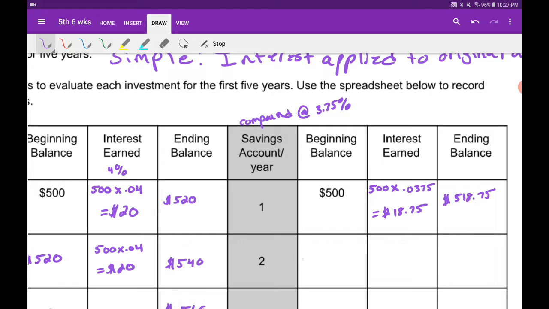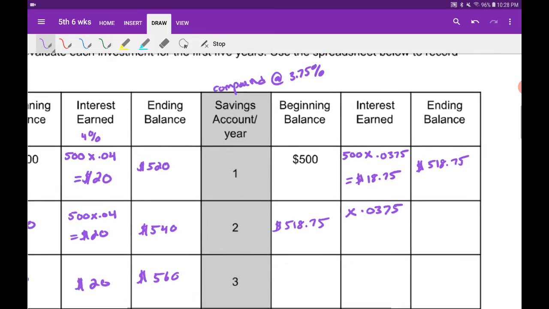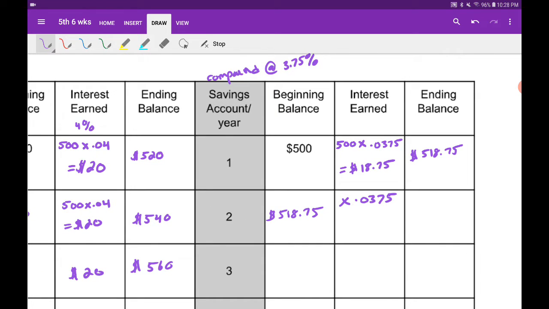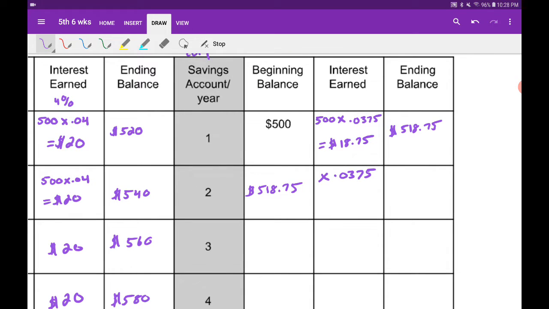All right, so beginning of year 2, we got $518.75. Okay, we're going to take that number, multiply it by our interest, 3.75. Okay, so this is not to the principal. We are going to do it from the previous year. Okay, this will also be compounded annually, so there's different compounds. Most of the things are monthly, but this one here is annually.